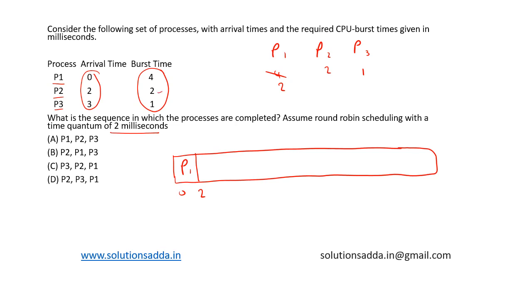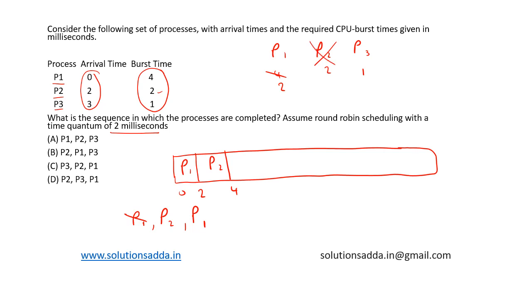So the ready queue will be like this. Initially P1 would come, then P2 would come. Then once this execution is completed, again P1 will come at the time 2. Now P2 is executed for 2 units. So it becomes 4. Now P2 is executed first.